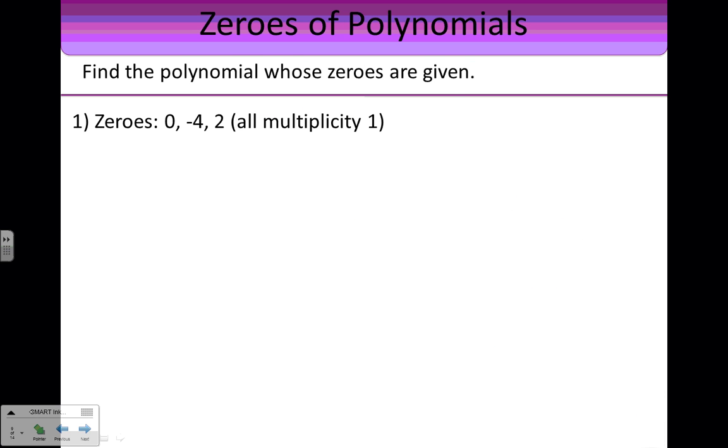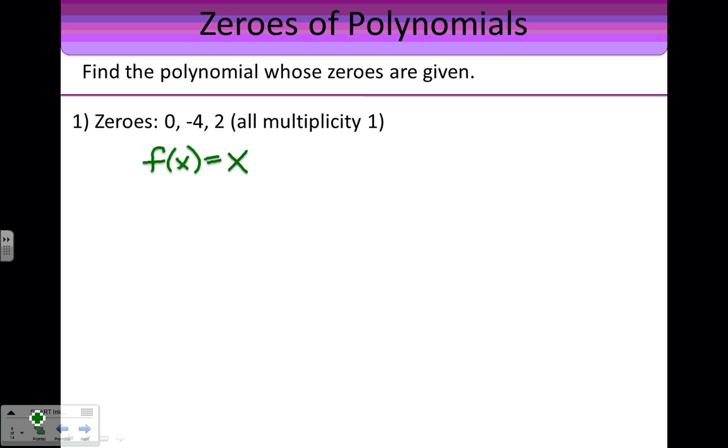So given this polynomial equation, okay, we have zeros here. See if we can take the zeros, and they all have a multiplicity of 1, and write our function. So we know that if we have a 0 of 0, that means that we just had an x to some power.